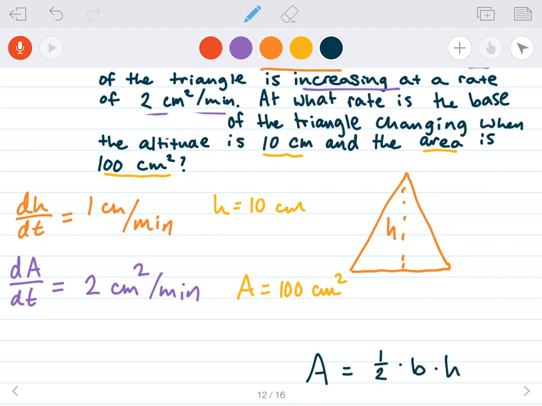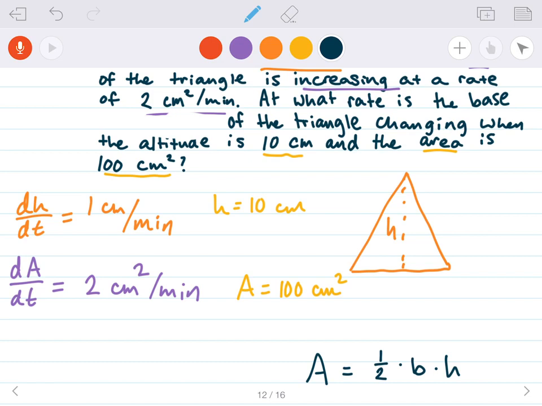And so you might be tempted to plug in 100 for A and 10 for h and then differentiate. But that's not right, okay? Because what you're assuming is that the height and the area are fixed when you do that before you differentiate. And we don't want to assume that, because it's telling us that both of these quantities are changing.